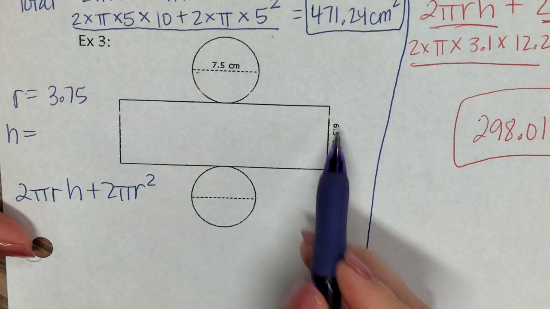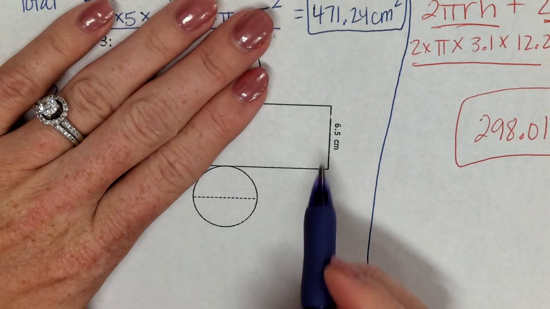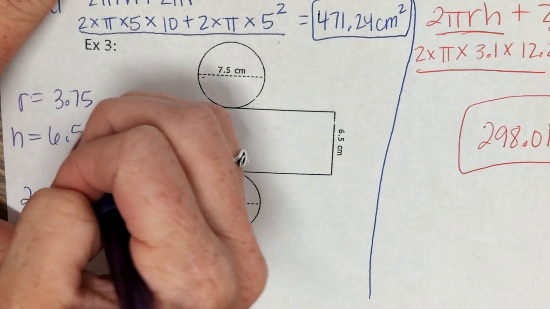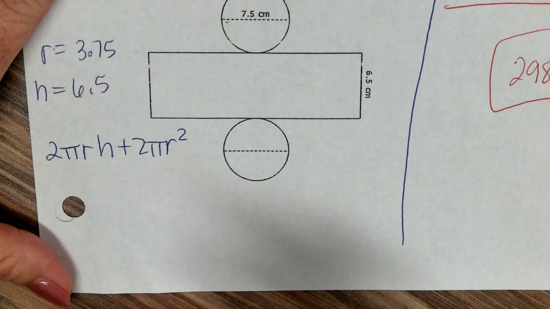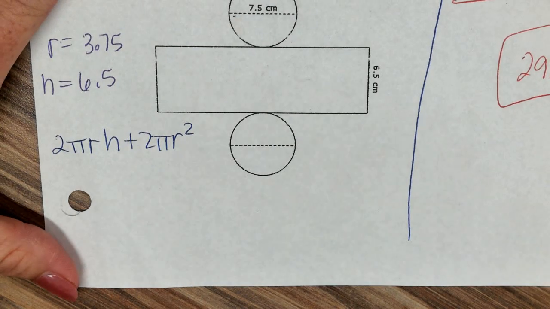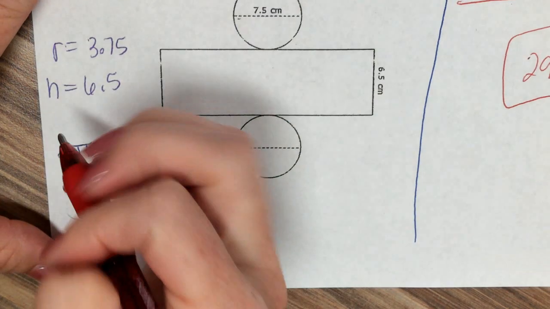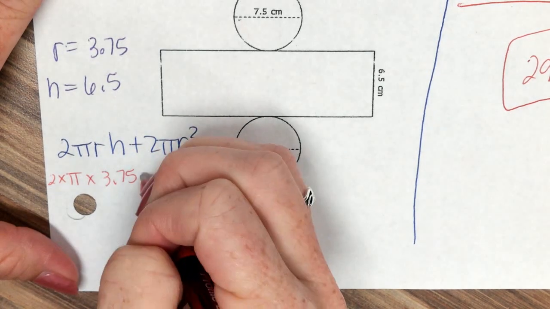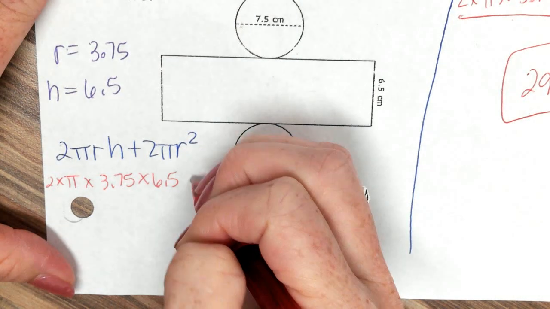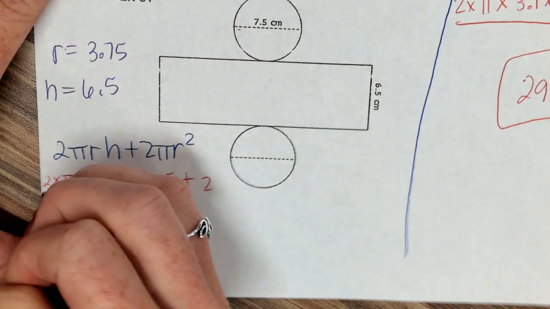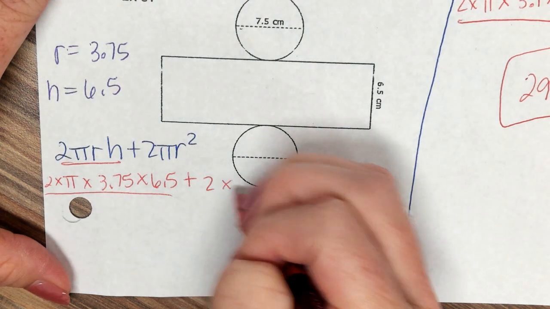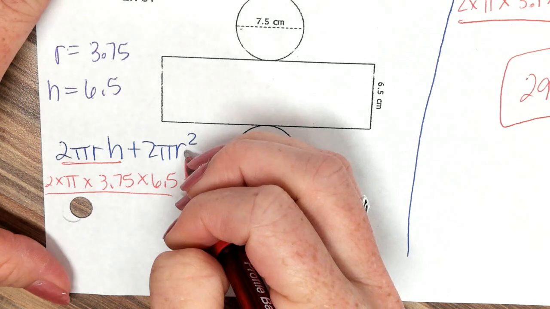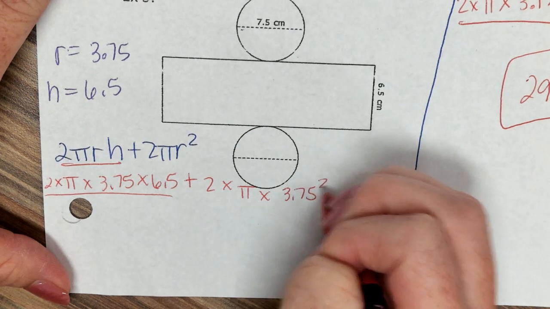The height is the other number. So I cover that up. It's 6.5. Now I plug it in. You should have done 2 times pi times 3.75 times 6.5 plus 2, that's this part, times pi times r, 3.75 squared.